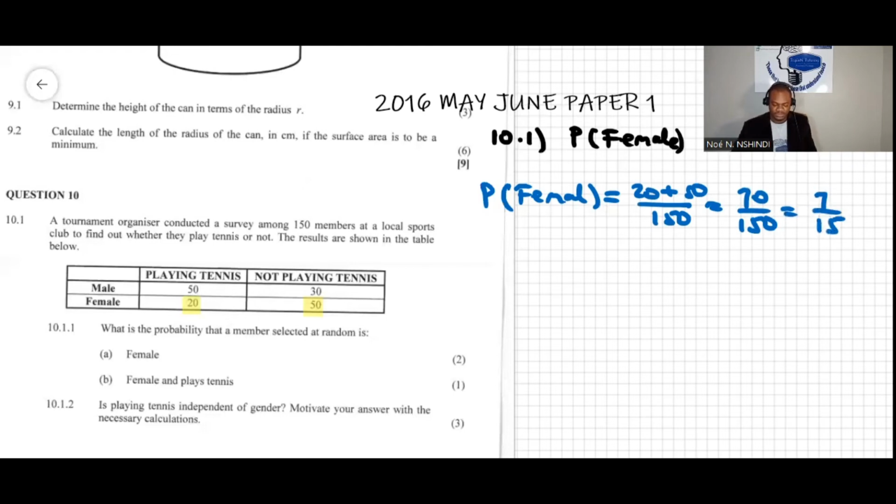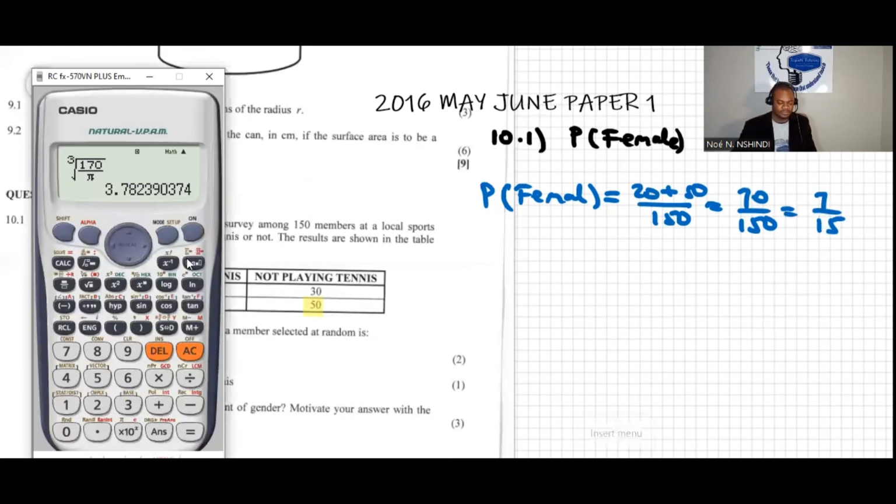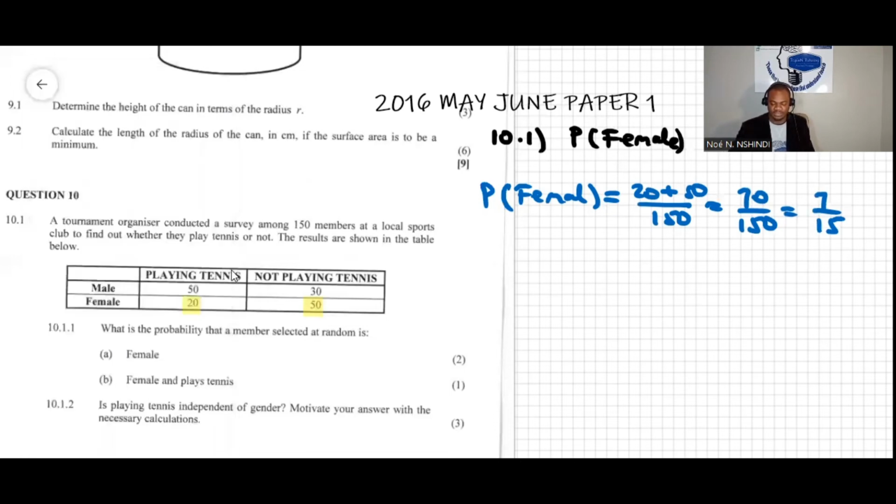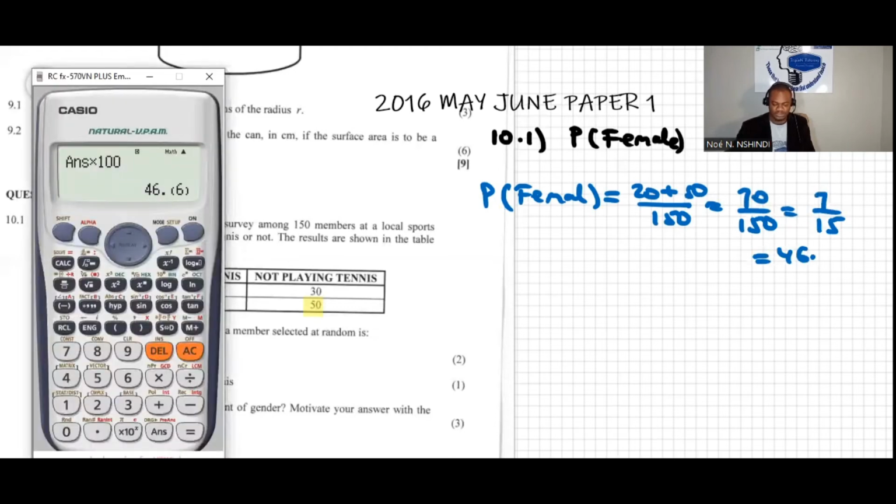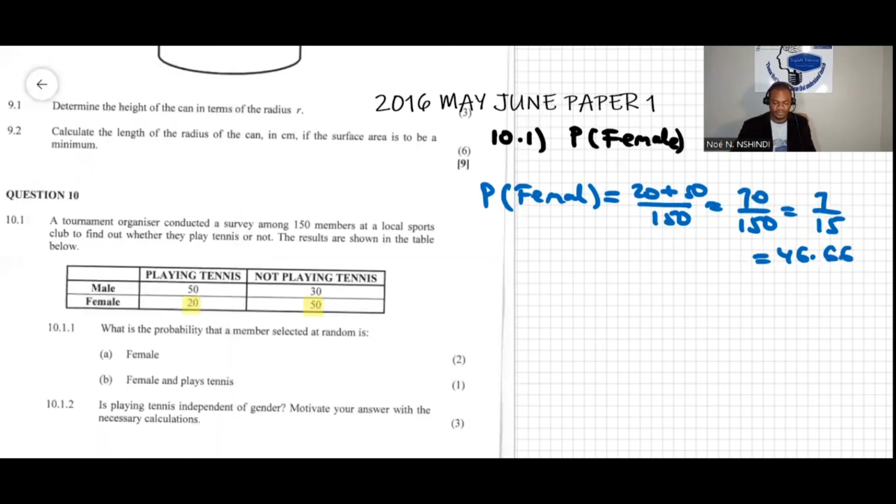In percentage, we do 7 divided by 15 and then times by 100, and we get 46.66%. Now, that was A.